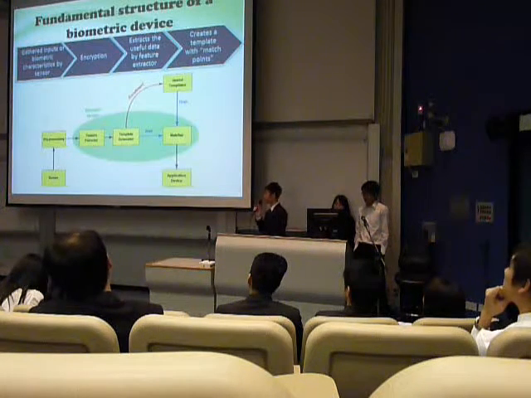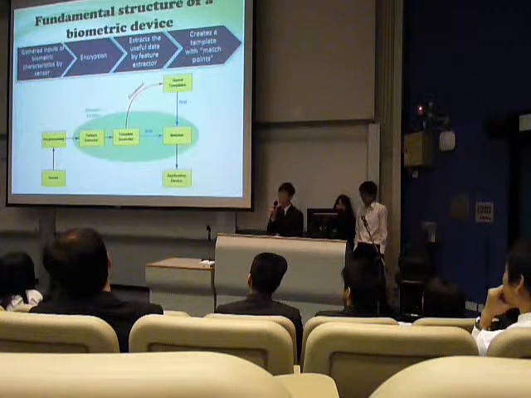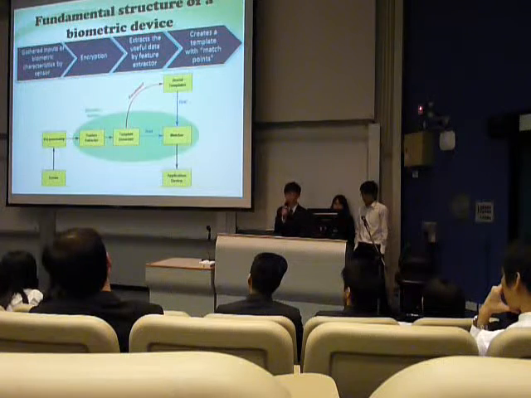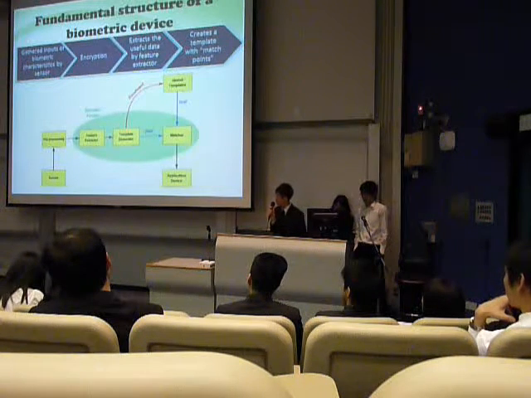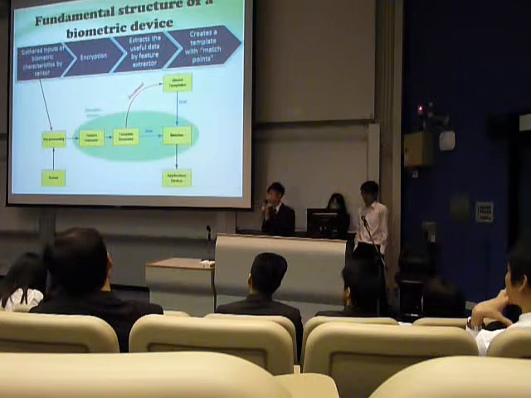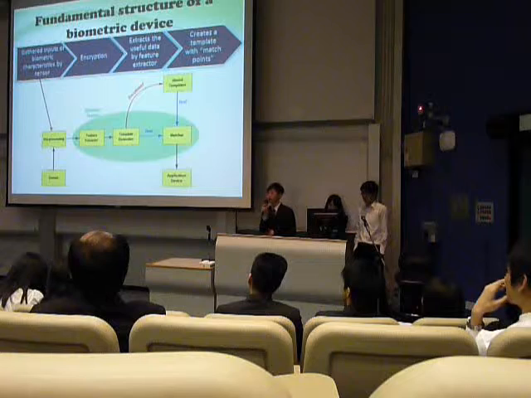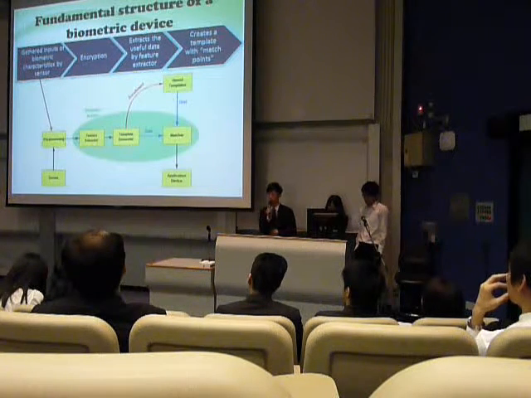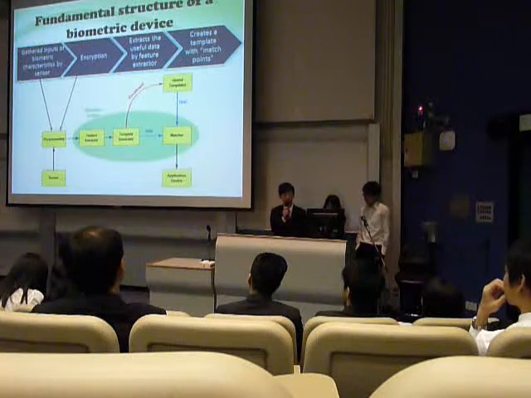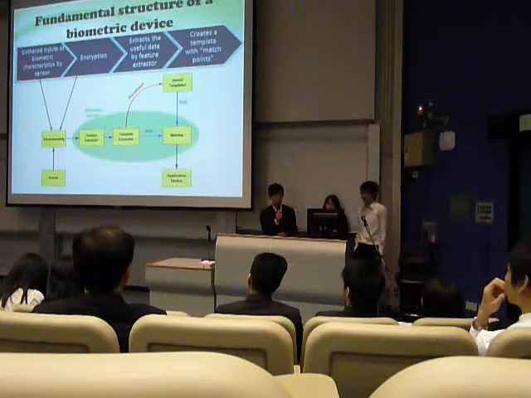I'll now talk about the fundamental structure of a biometric device. As you can see on the slide, here is the diagram, which is maybe a little bit complicated. Before you enter the internal structure of the biometric system, you have the scanner, as I mentioned with the fingerprint scanner on your laptop. It scans and takes the input of your biometric characteristic, which is your fingerprint.